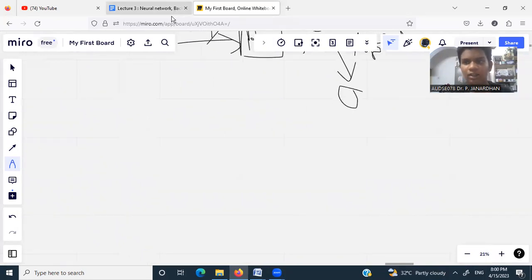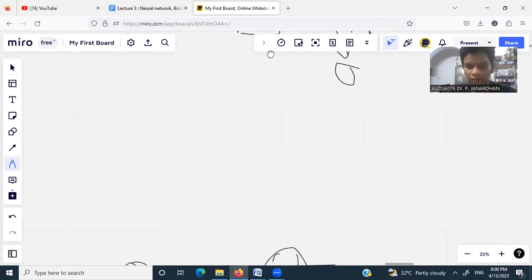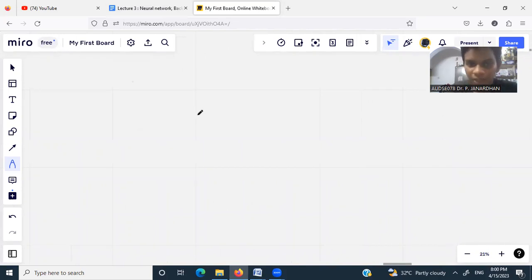In this video I will try to explain how we update these parameters, in the case of a neuron, with some mathematical notation. Let's see how we can update w1, w2, and so on, and b.